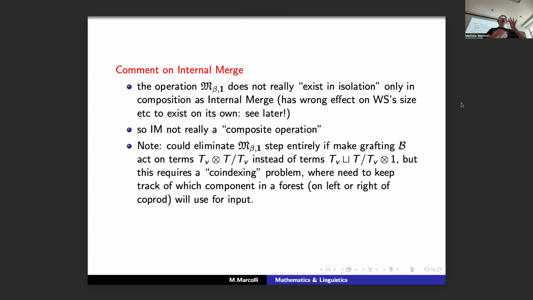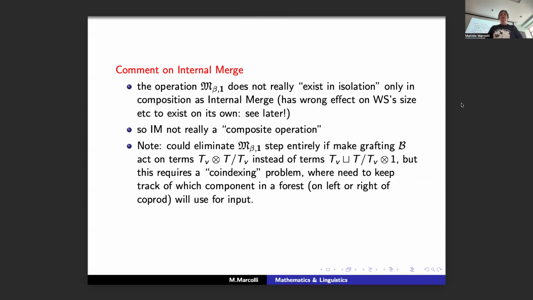So why don't I just define my merge by saying I take something from the left channel and the right channel and I merge them together? After all, for external merge, that would work too, because there's going to be some term that has the two components that I want to merge, one on one side and one on the other side. So I could just pick those and merge them together. So why do I want to move everything to the left and then merge?